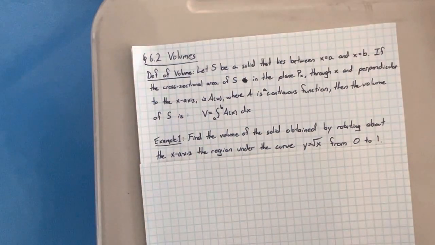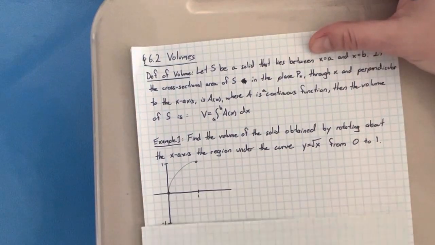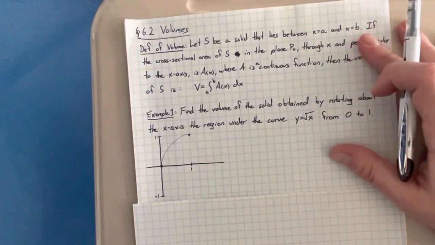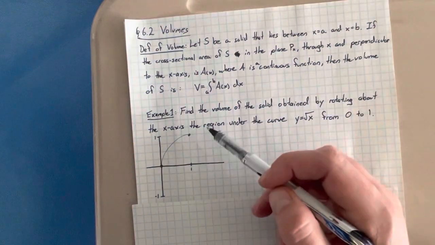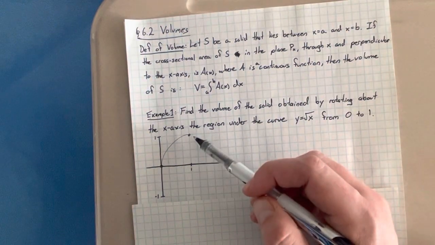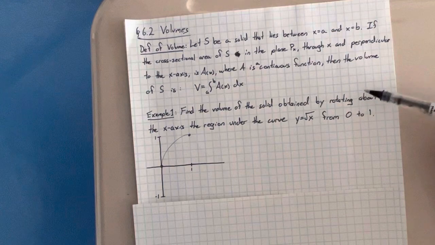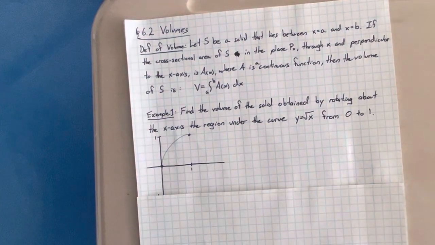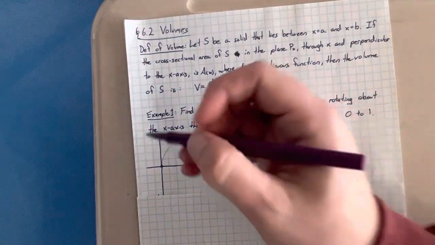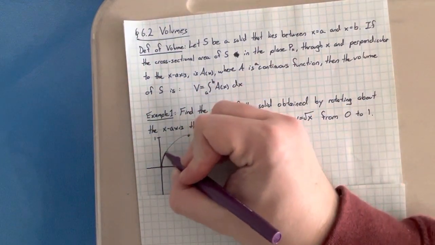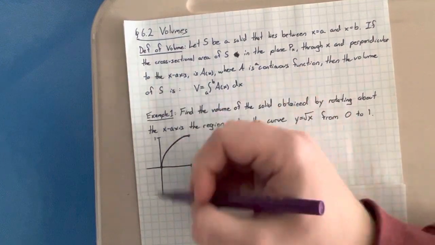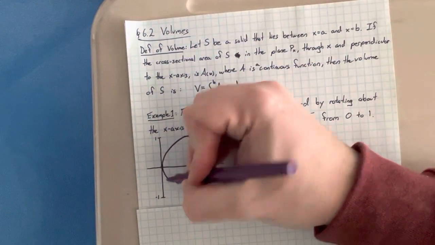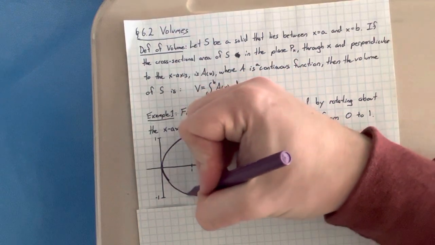So the first thing we gotta do is draw a picture. So I have a nice little picture here for us of the square root of x, one of those functions, from 0 to 1. Now, we are rotating this about the x-axis, which means if we were to actually spin this function, I'll highlight it in purple, that same thing's happening underneath.